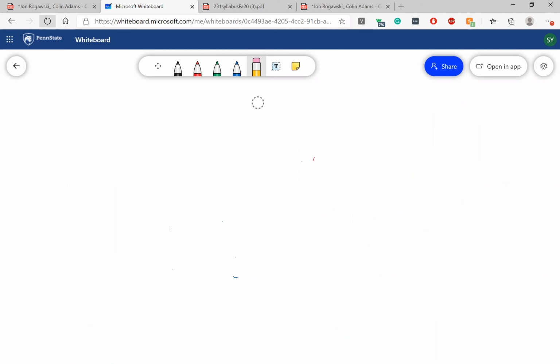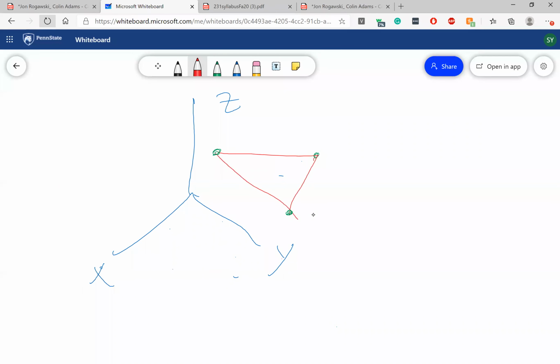If we have 3 points in space, here's x, y, and z, points 1, 2, and 3, then we can have a triangle. We can also think of the plane that contains these 3 points. And there's only one plane that contains these 3 points. And we would like to be able to find this plane.